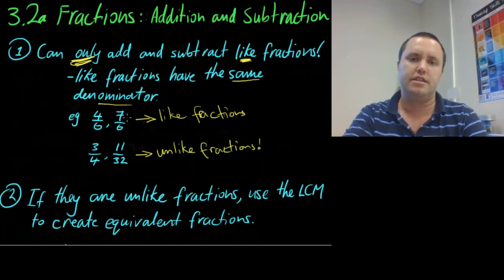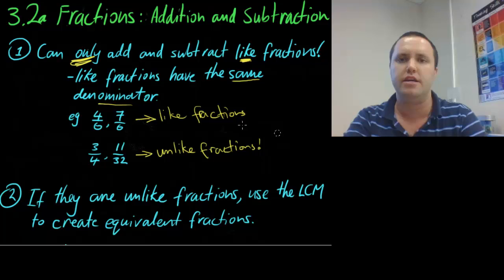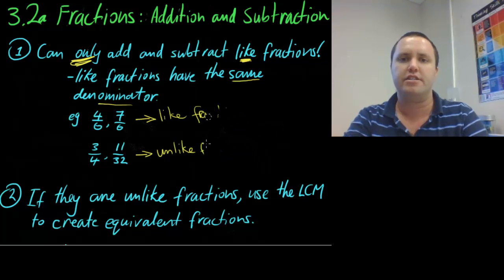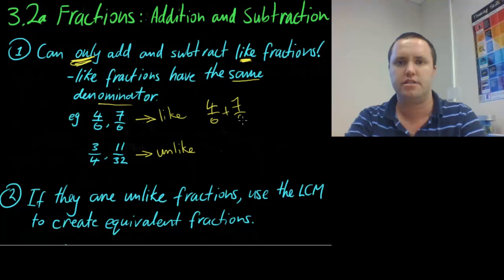Well, let's just have a look first at like fractions. If you have like fractions, it's very, very easy. So 4 over 6 plus 7 over 6. If you're adding, you keep the same denominator. We started with sixths, we finish with sixths.